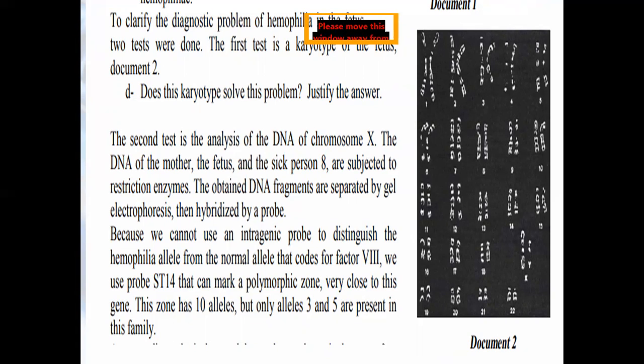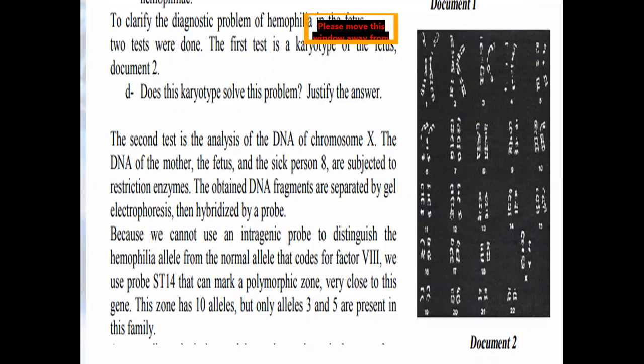But this karyotype, sorry, is for a male. So this karyotype is for XY. And here's the problem: if it's XNY or XHY. While if it's a female, it can be XN XH, or XN XN, and this will be normal 100%.